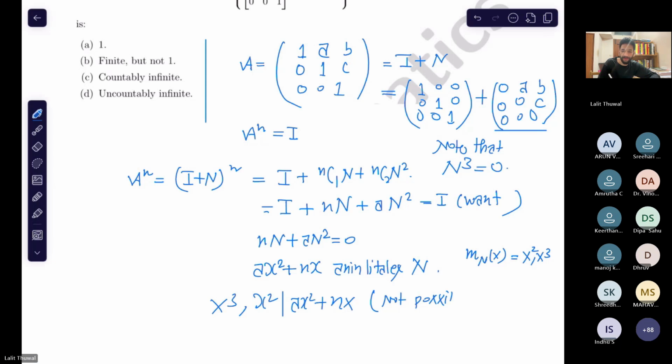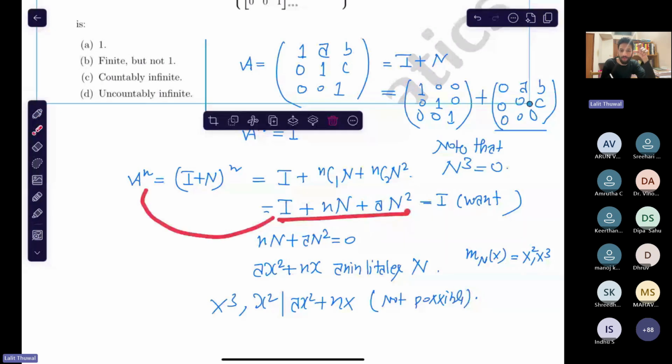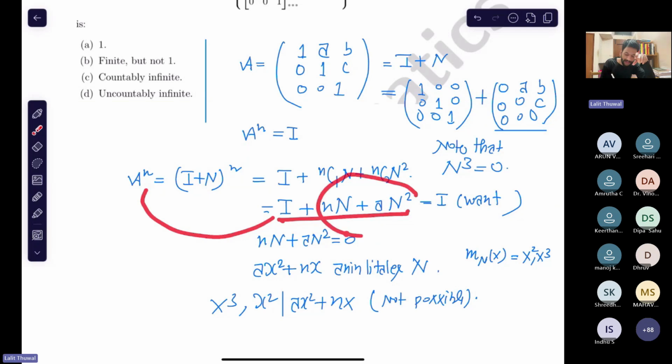So what do I get? A to the power N is equal to I plus Nn plus An square. So this quantity is not going to be 0, because if it is 0, then we get some contradiction. So no matter what value of N you have, A to the power N is not equal to identity.